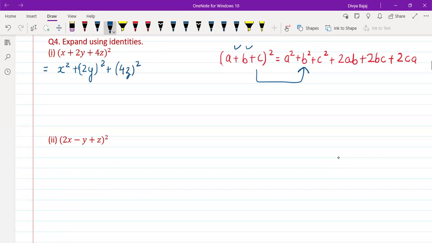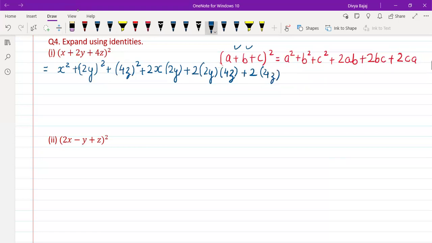So we have done a square plus b square plus c square, plus 2 times ab, meaning 2 times a, which is x, and b is 2y, plus 2 times b and c, b is 2y, c is 4z. And then with the last, 2 times the third and the first term, plus 2 times ca. c is the last term, which is 4z, a is the first term, which is x.